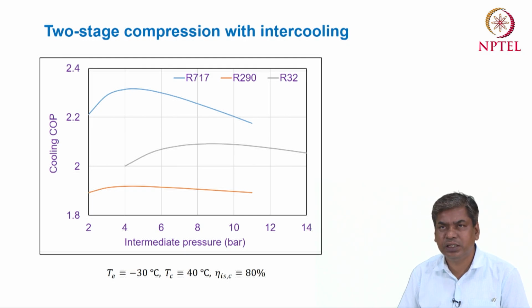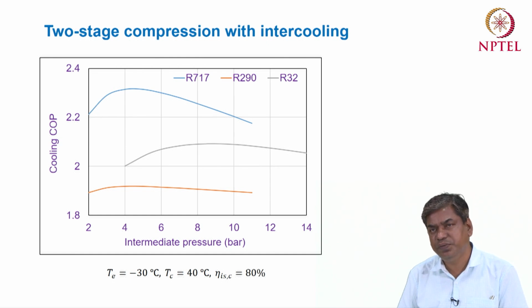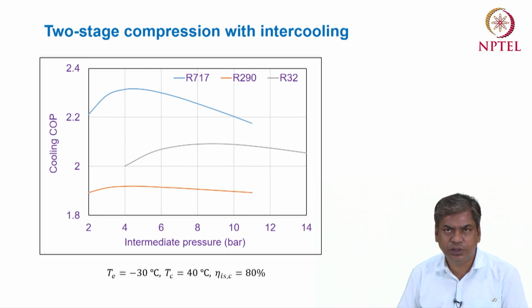Three refrigerants are considered and compared in this graph. The evaporator temperature and the condenser temperature are the same, but the corresponding saturation pressures, that means the evaporator pressure and condenser pressure, are not the same.